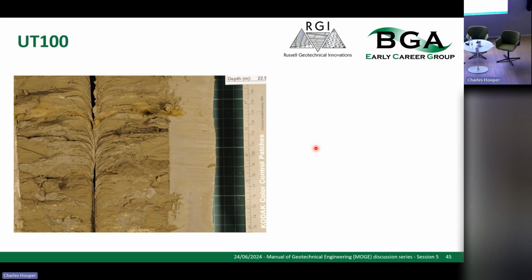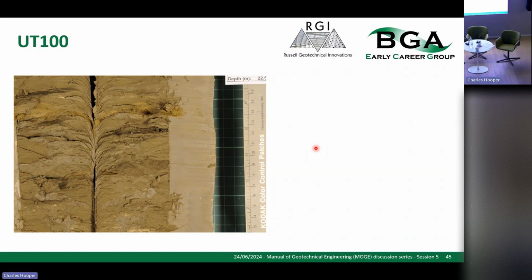What this slide is about is disturbance. And if you look where the two halves of the sample meet, you can see the drawdown of the fabric in this particular sample where the tube has been pushed in.